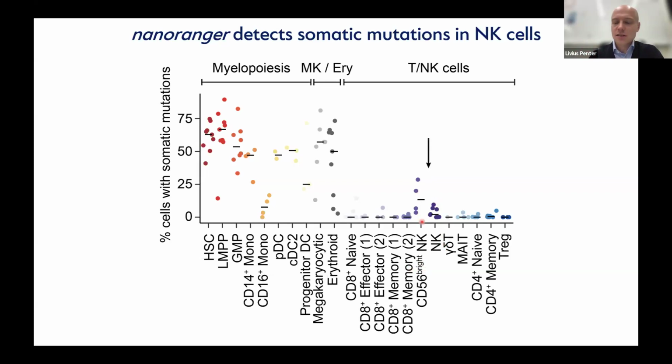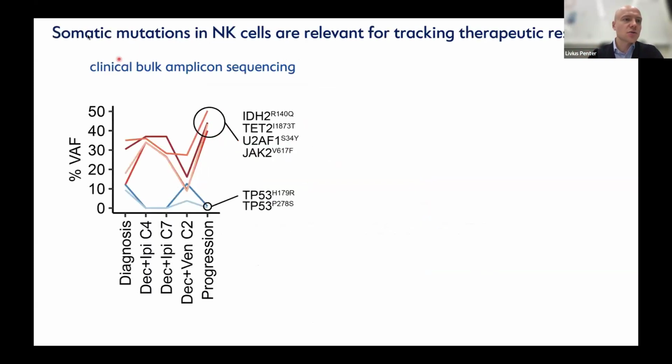And this is something that can actually be relevant for tracking response to therapy. So here I want to show you clinical data from a patient that was treated with different treatments over time. And to track response to therapy, clinical bulk amplicon sequencing was performed, where you basically take DNA from the bone marrow and then you do targeted sequencing of known mutations.